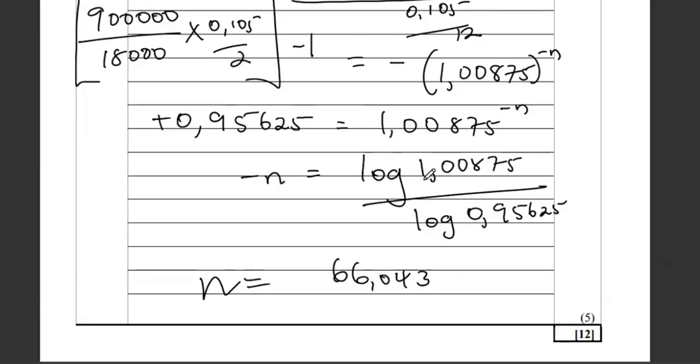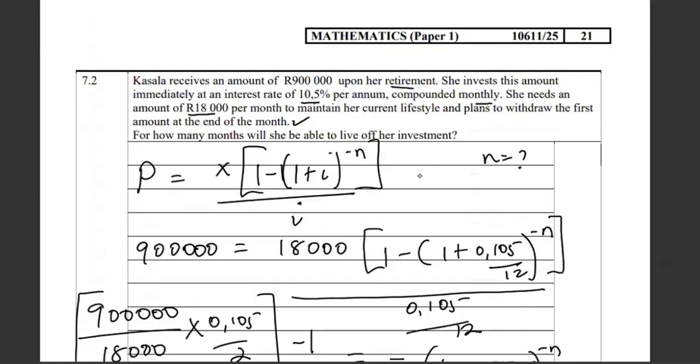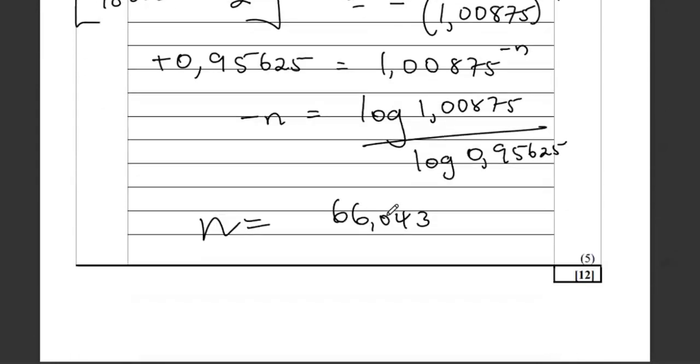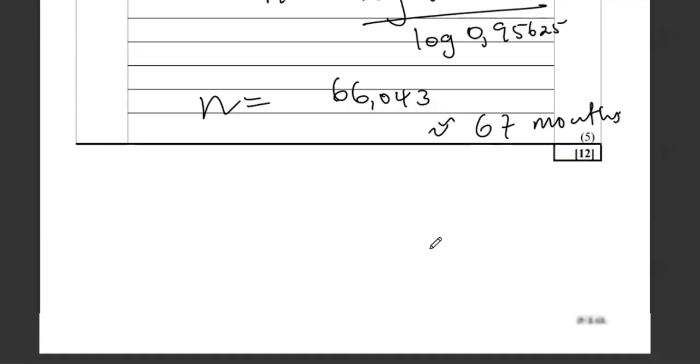Now we are seeing that we're going to get 66 full months of the 18,000. And then the 67th month is going to cost less than the 18,000. So you can say 67 months, because that's when all the money will be finished.